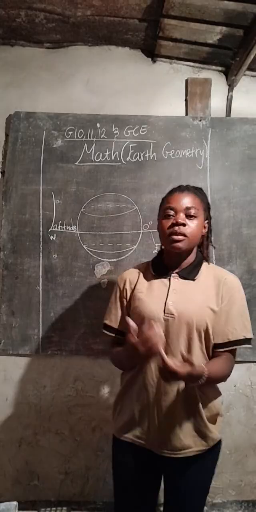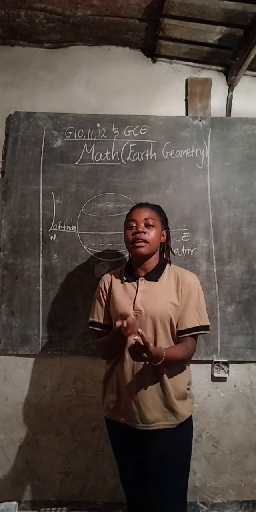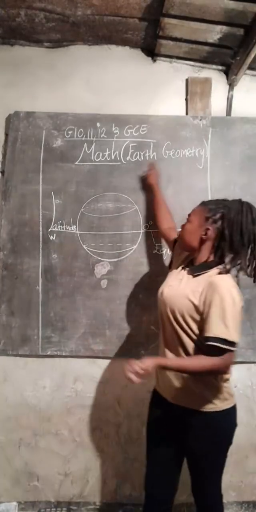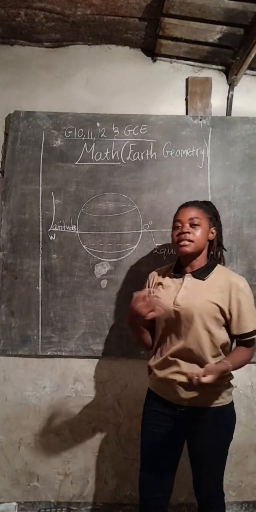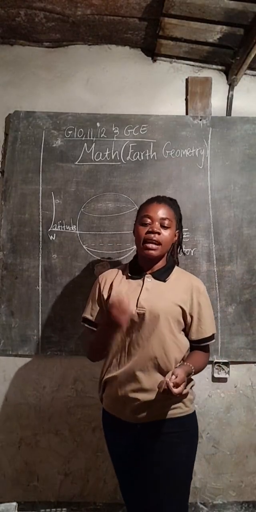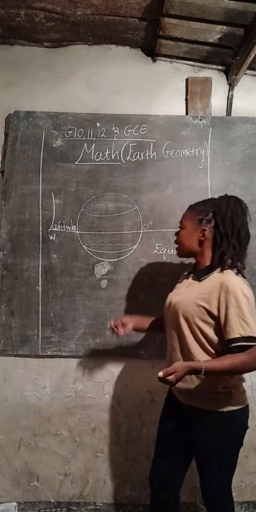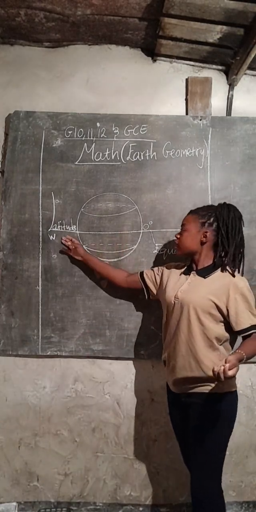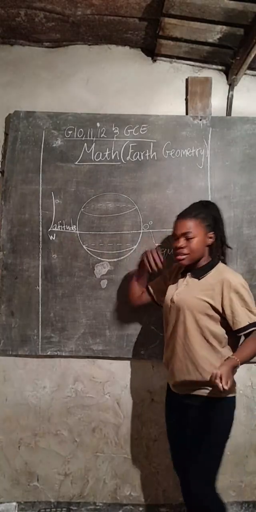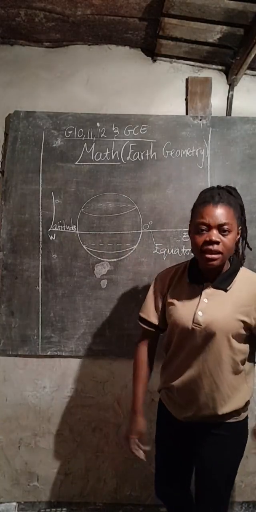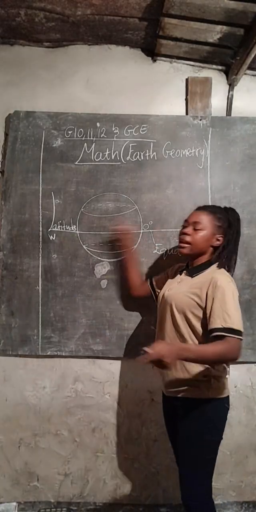So again, we're saying the first lines that we talk about under earth geometry are simply the lines of latitude. What are those lines of latitude? These are lines that are running from east to west. In simple terms, if you can't remember that, these are just lines that are going like this.